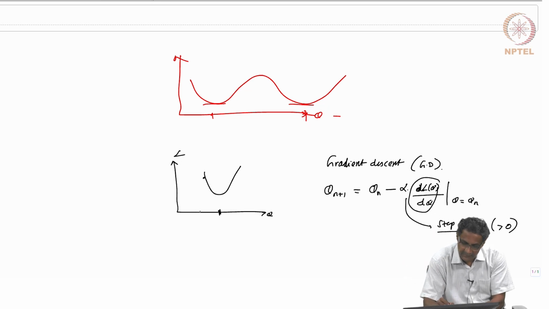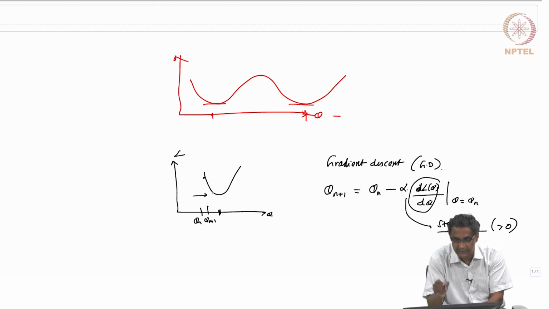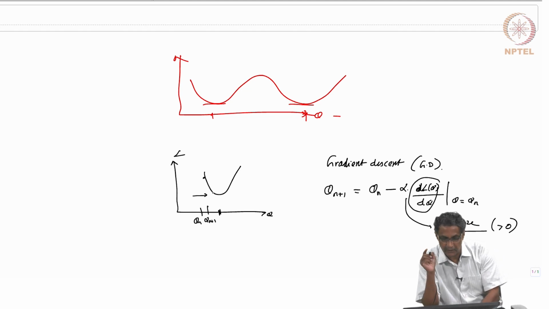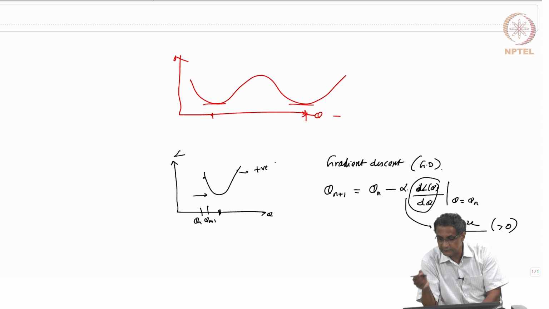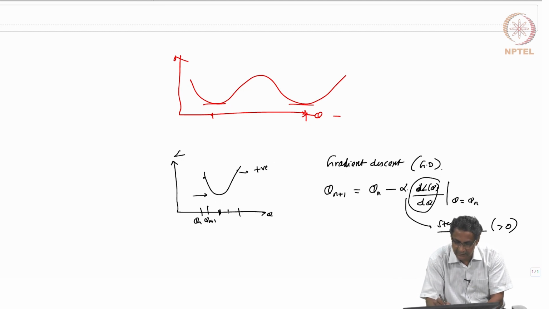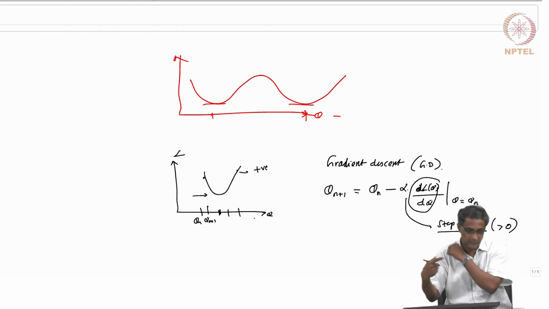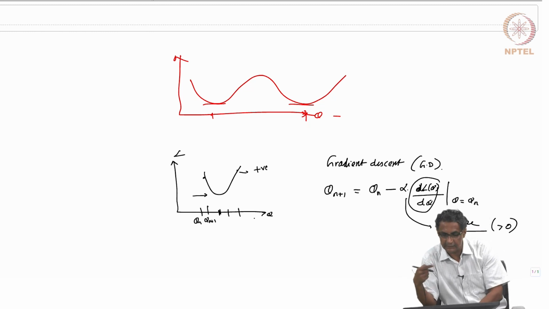What this means is that if this is theta n, then I would head towards theta n plus 1, which will take me forward in this direction towards the minimum. If on the other hand I'm here, if that is my theta n to begin with, then because you have a positive gradient at that point, the negative of that will take you in this direction.